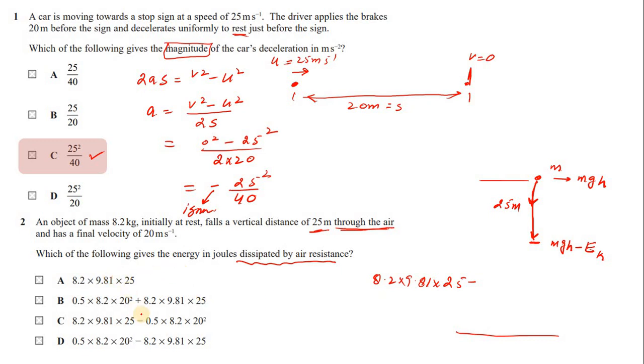In the options, they are not giving you half, instead they are giving you 0.5. So half mv square we can write as 0.5 mv square, where m is 8.2 and velocity is 20, so 20 square. This difference is equal to the energy dissipated. If you compare, 8.2, 9.8 and then 25, the option is C.